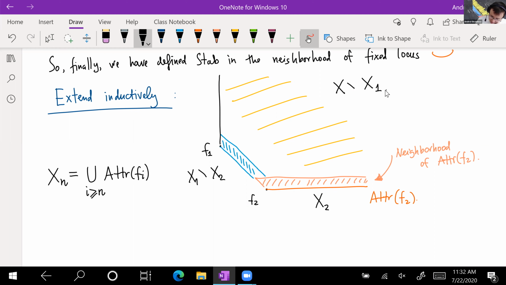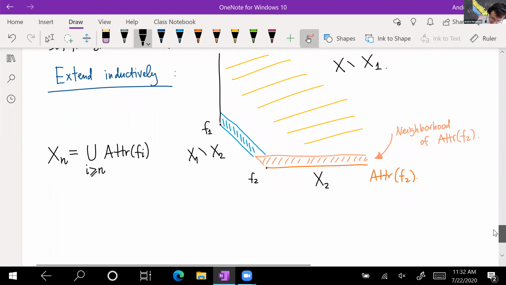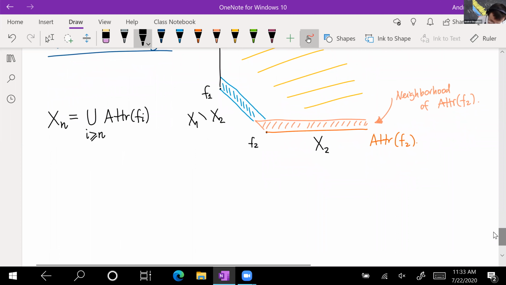And in every step, we will construct stable envelopes inductively.